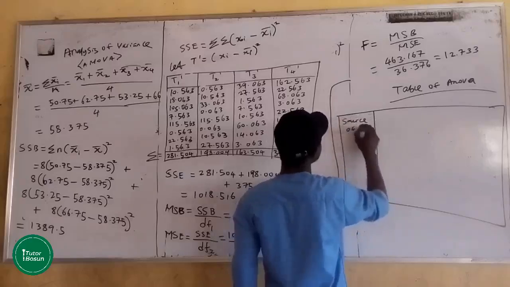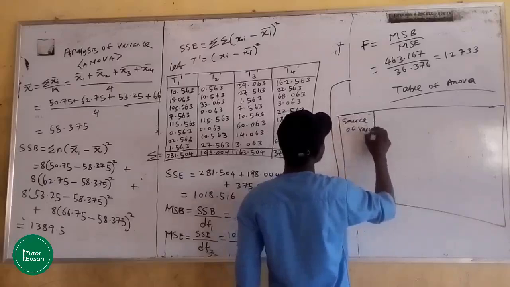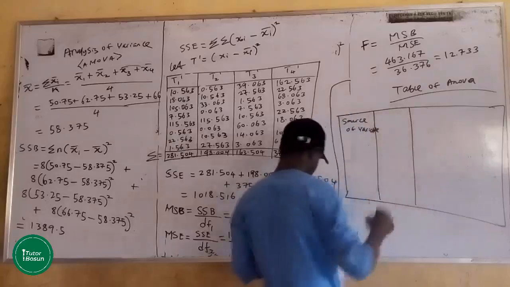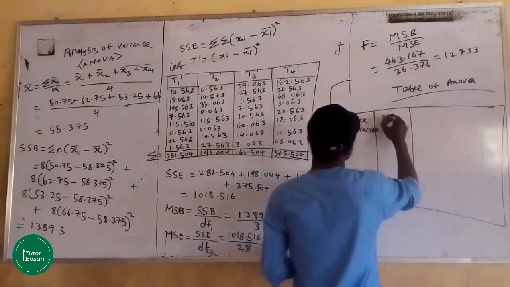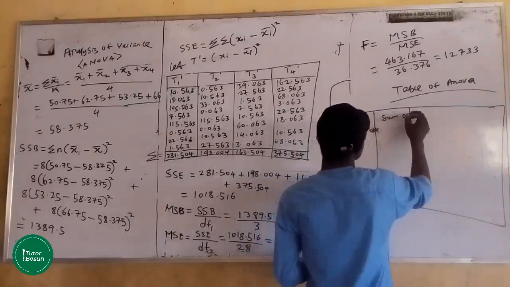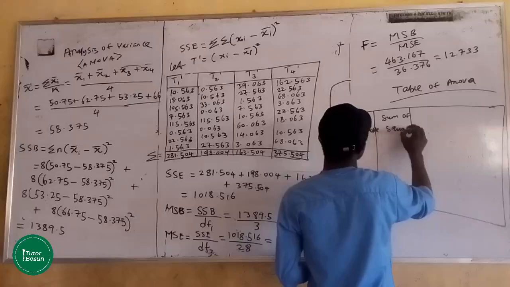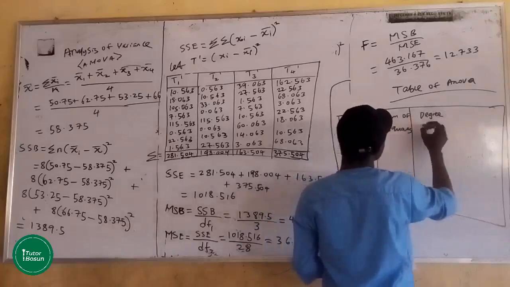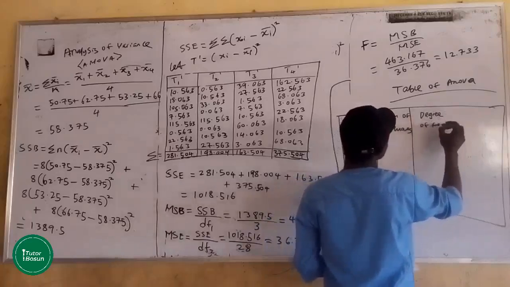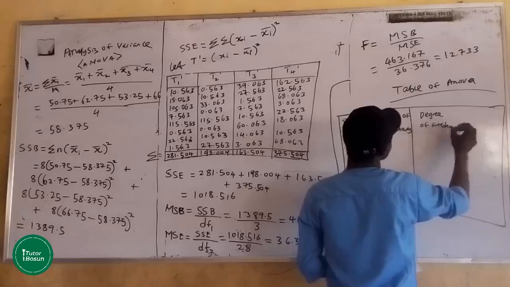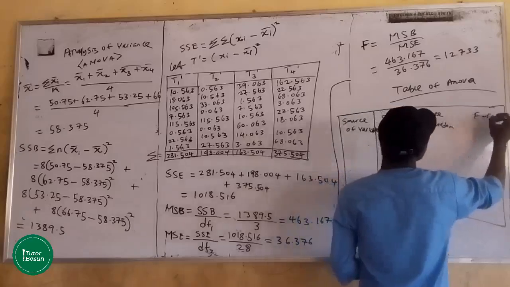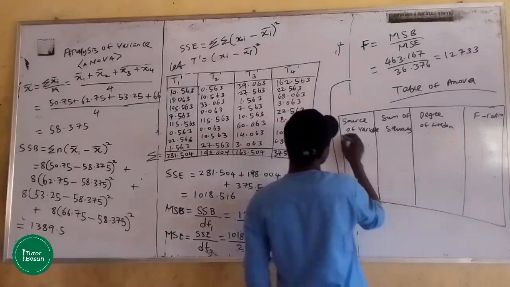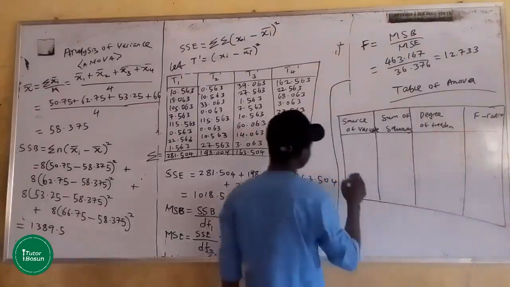Source of variable, sum of squares, degree of freedom, and we have the F ratio, which is the calculated F. We have the F ratio. So here we have what?